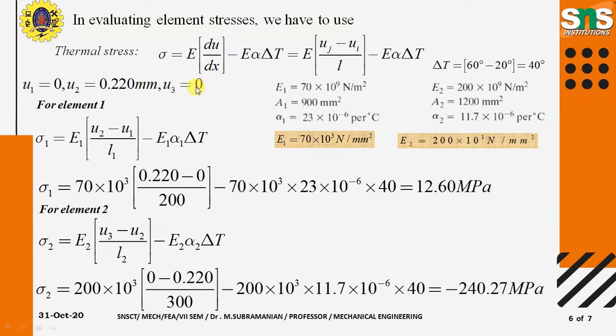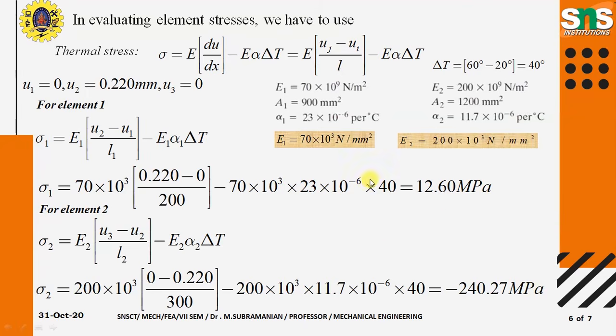U3 is 0 since nodal point 3 is fixed, and U2 is 0.220, so minus 0.220 divided by the element length, 300, minus Young's modulus of element 2, 200 times 10 power 3, times alpha 2, 11.7 times 10 power minus 6, times delta T, 40. Substituting all the given values, we finally obtain the element stress for element 2: sigma 2 is minus 240.27 megapascal.